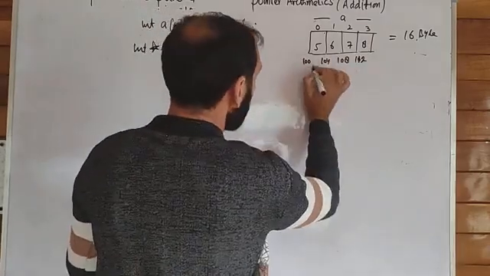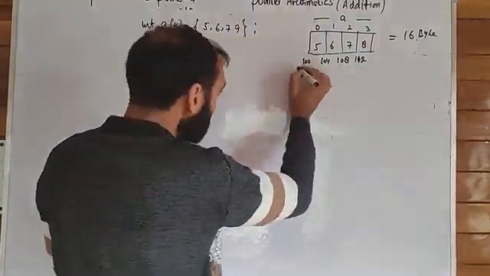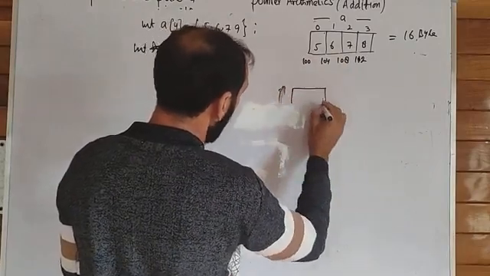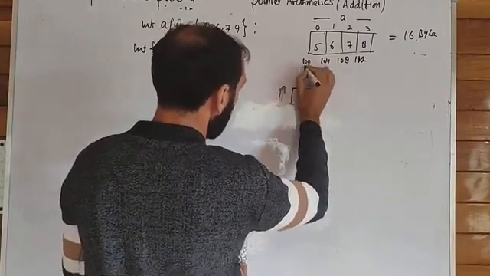These are the addresses. Actually this pointer P will hold the base address, that means 100.